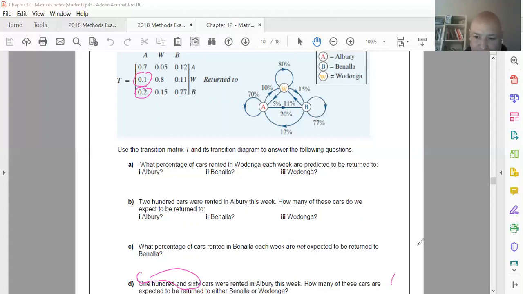So 0.3, that's this question here. But they want how many of the 160? Which means when I work that out, 0.3 times 160, 48 cars. And I will be saying expected to return to either Benalla or Wodonga.